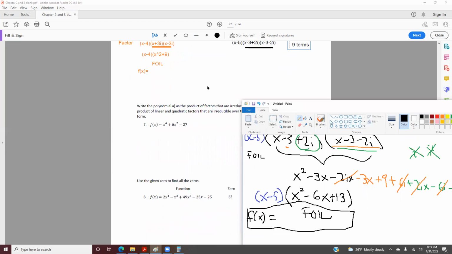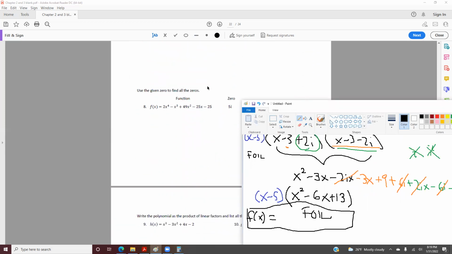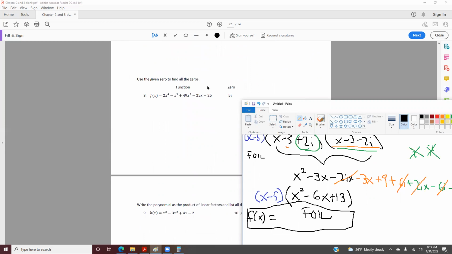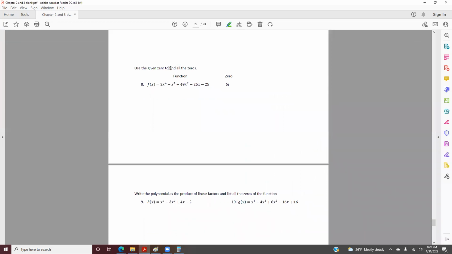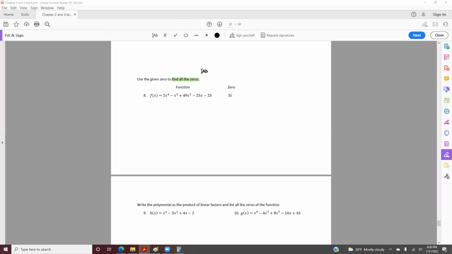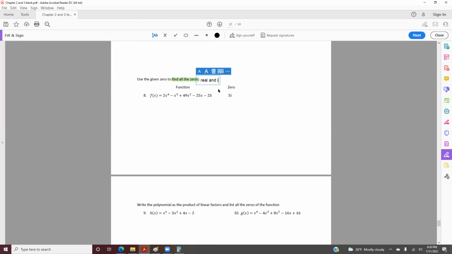The next one that we're going to talk about here is number 8. So question number 8 in this case is where they provide you a zero and they want you to find all the zeros in this case. So when I say find all the zeros, it means that your zeros can be real and can be i.